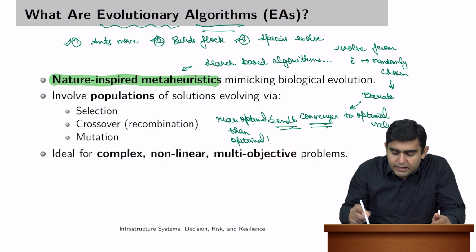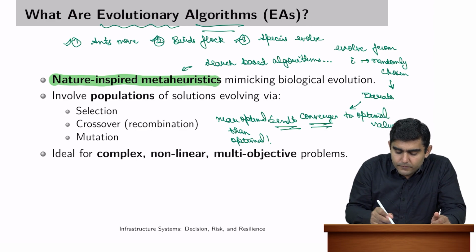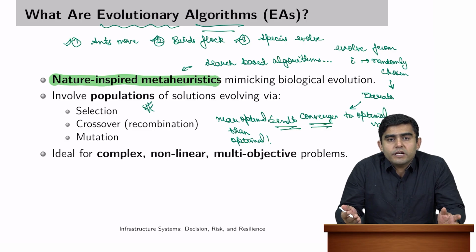Since they mimic some biological processes or biological evolution, we call them nature inspired meta heuristics. In most of the cases that we are going to talk about in these evolutionary algorithms, we are going to involve populations of solutions, because we don't know what the right answer is.